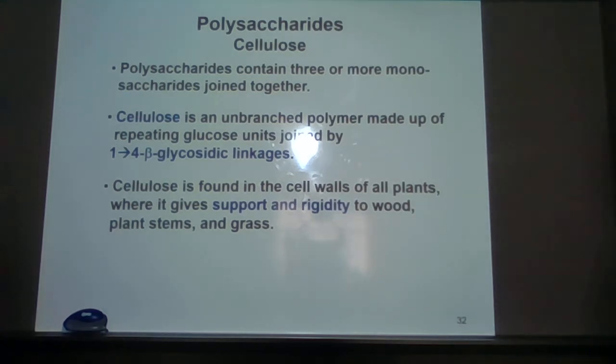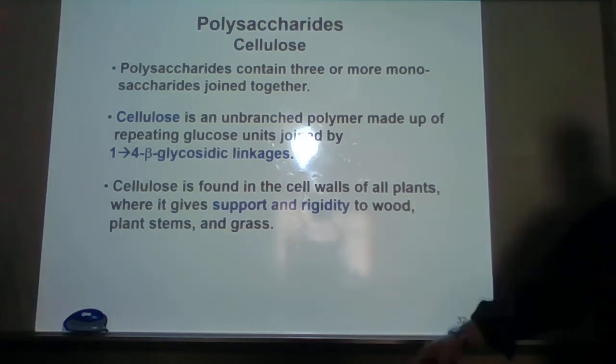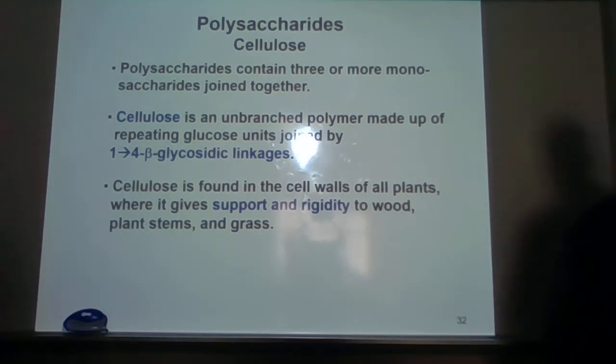Cellulose is found in the cell walls of all plants, where it gives rigidity and support to wood, plant stems, and grass. Think about this. Cellulose is a carbon, oxygen, hydrogen containing compound. Contains no metals whatsoever.